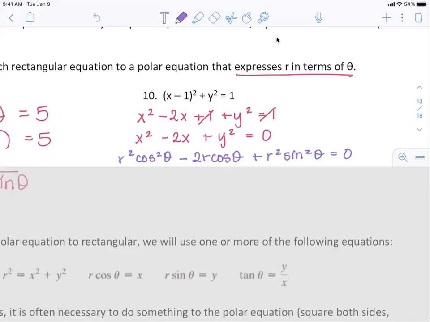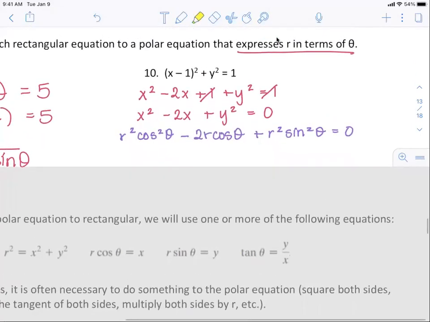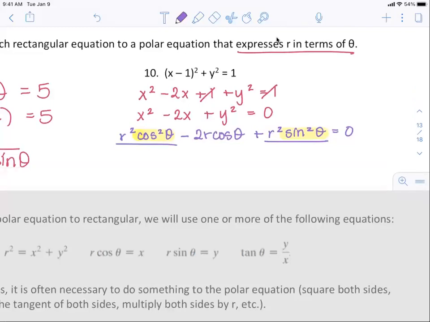Now, again, we need to express r in terms of theta, which means we need to solve for r. This one is quite a bit trickier. But the first thing I notice, if we go back to our trig identities, is that I've got a cosine squared and a sine squared. And I know that sine squared plus cosine squared is equal to 1. So I'm going to regroup this term and this term together and factor out the common r squared.